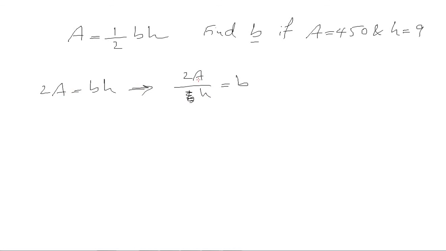Now I just need to replace a with its value, that's 450, and replace h with its value, that is 9, and then calculate the value of b. So b equals 2 times 450, that is a, over 9, giving me 900 over 9, which is 100. And that's it for formulas.